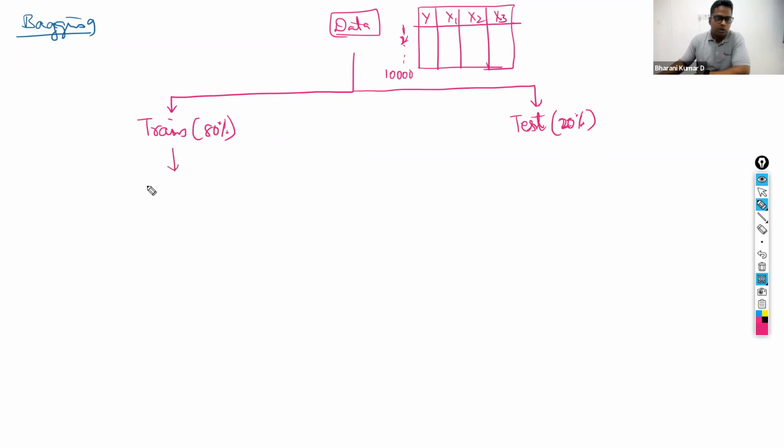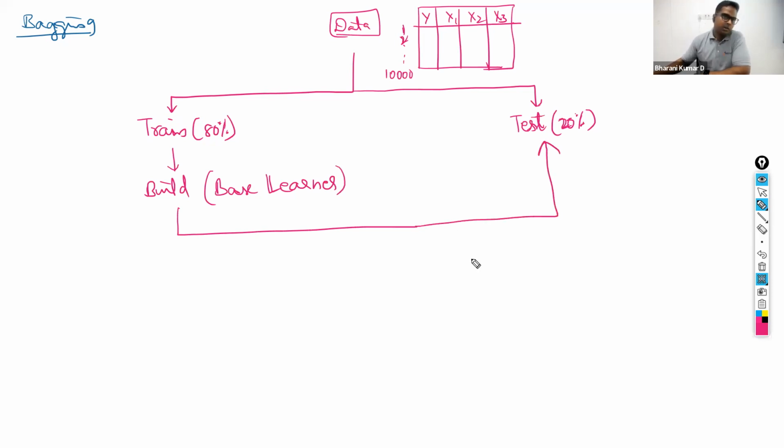And then what do you do? You build your model on the training data. This model you build is called a base learner, the baseline model that we are building. Then once you build your model, you test it on the test data.